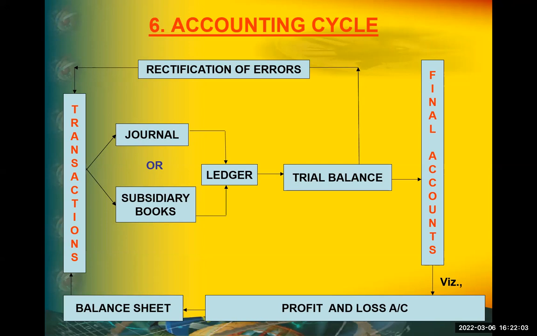If the trial balance is agreeing, giving a green signal that yes, I am okay, you can go forward, that time we'll go for preparation of the final statements. Otherwise, if there is any problem at this stage, if it is not matching, then you have to do rectification of errors, which is not required. We are not going to do that.